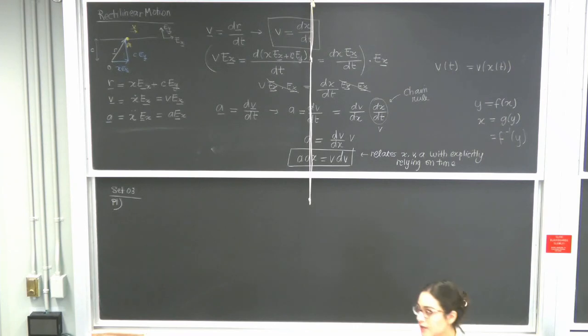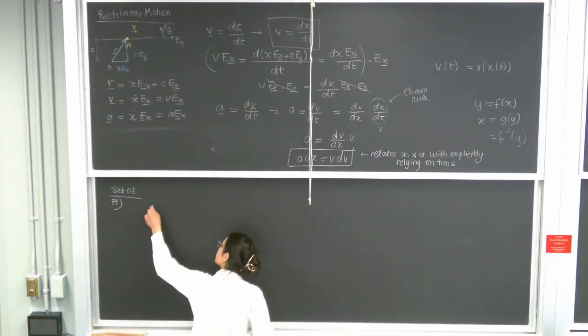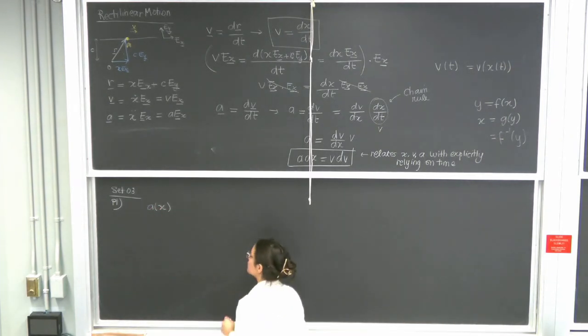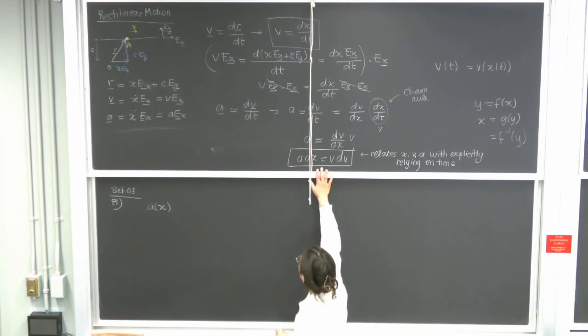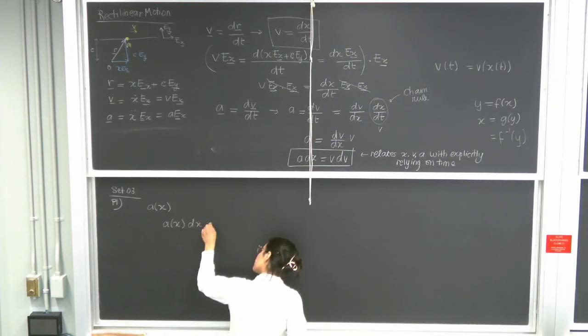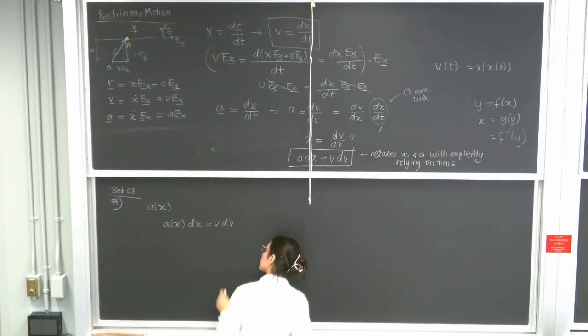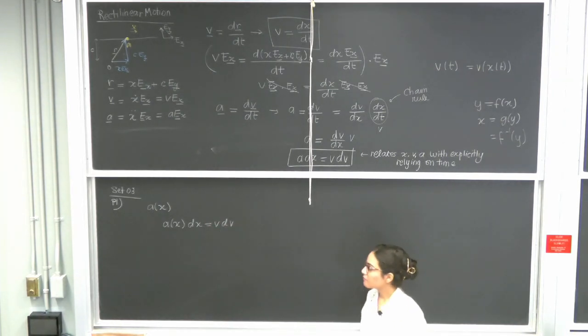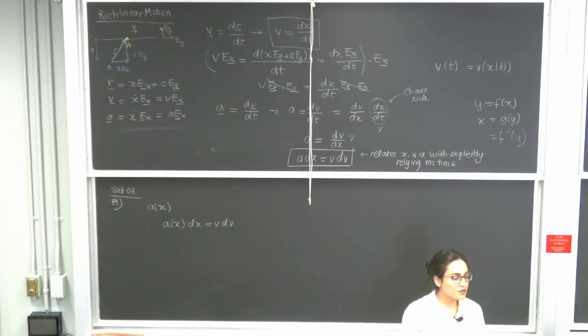A is given as a function of x. So if I plug in a as a function of x here, I can just integrate this equation and solve for velocity as a function of x. Do we see that? Right?